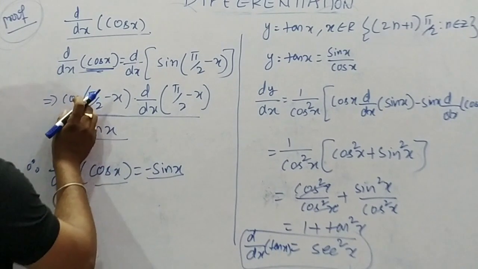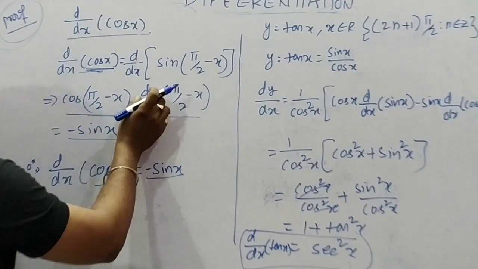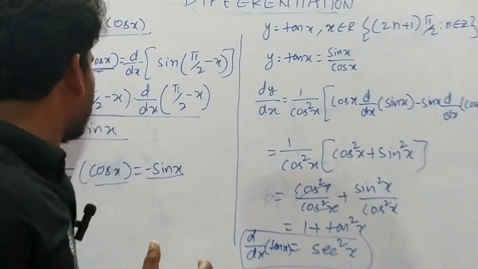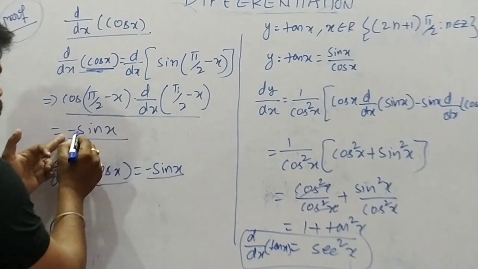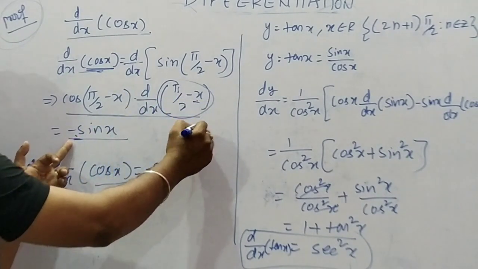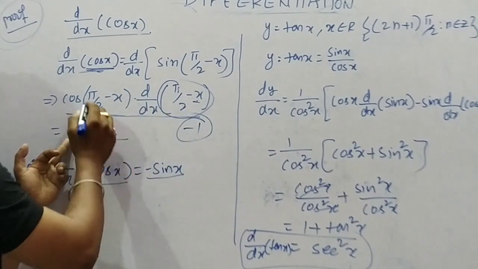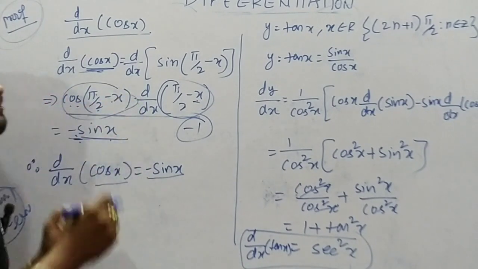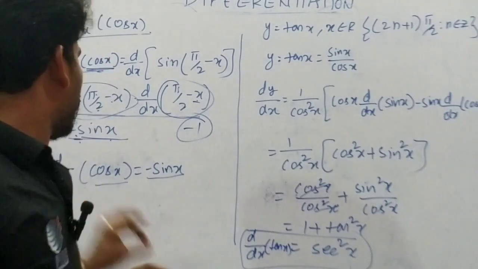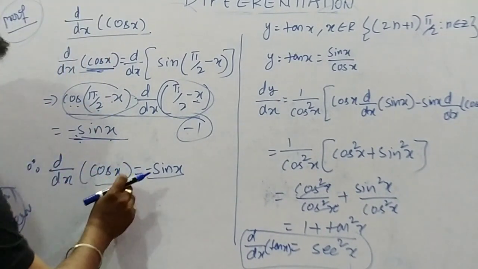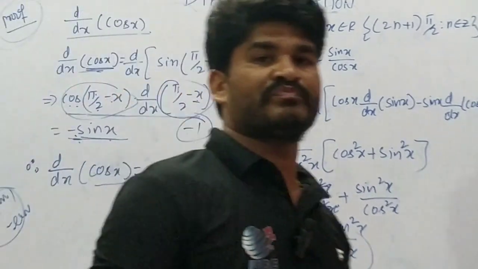Therefore cos of pi by 2 minus x into d by dx of pi by 2 minus x. Here cos of pi by 2 minus x is nothing but sin x. Applying differentiation, pi by 2 is a constant so its derivative is 0, and minus x gives minus 1. Therefore minus 1 into sin x is minus sin x. So d by dx of cos x equals minus sin x. This is the final value.